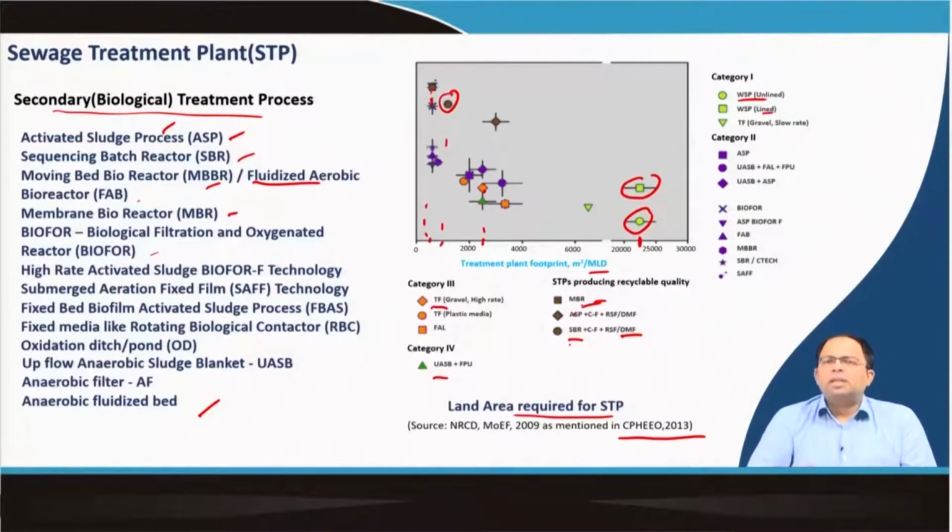So you need to have an understanding of all this, at least the fundamentals of these technologies, to take a call on what should be provided in a particular area or context. And whenever you are making a decision for the people, that means for an urban area, you need to take the feedback of the people, right? What amount of money they are willing to pay for this particular technology.